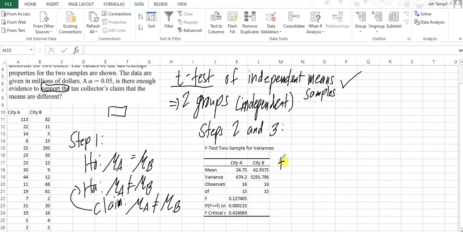Remember that if we're talking about this test, the f-test of variances, please do take note that we would need the first variance to be higher.